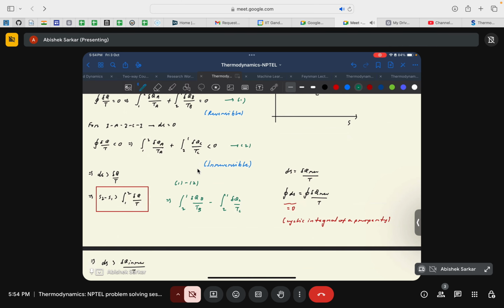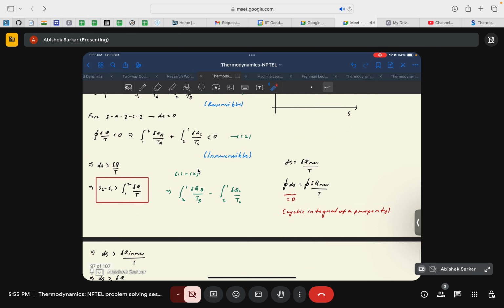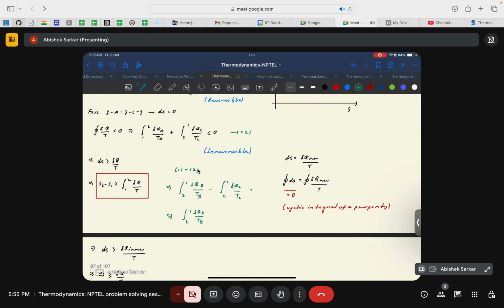Okay, so if you compare them, you will see that since the presence of this term is causing this integral to be less than 0, it implies that this integral of del QB by TB is less than 0, and if subtracted, it becomes greater than 0.